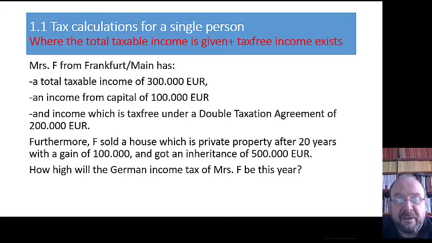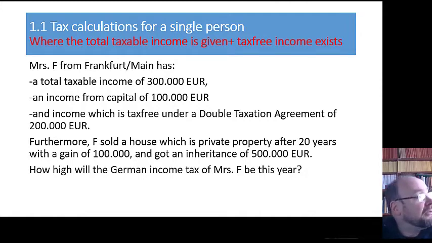Furthermore, she has some income which is tax-free under a double taxation agreement with another state. That income is 200,000. Last but not least, just to make your lives more complicated, Mrs. F decided to sell a house which was private property after she had possessed it for 20 years and made a gain of 100,000.